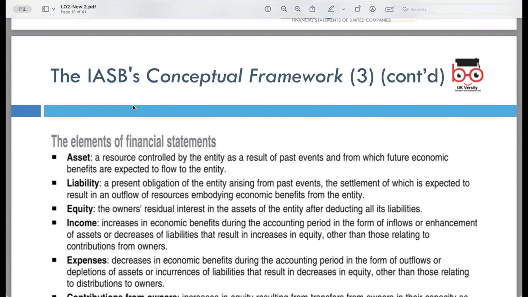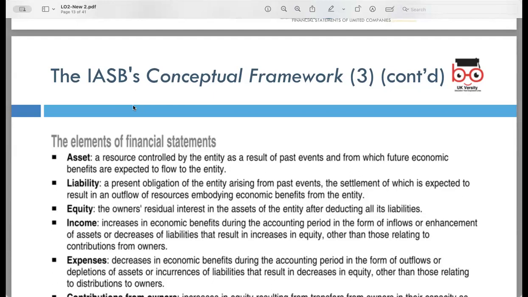The IASB's conceptual framework. This framework outlines the fundamental elements of financial statements. These elements are essential for understanding the structure and purpose of financial reports.